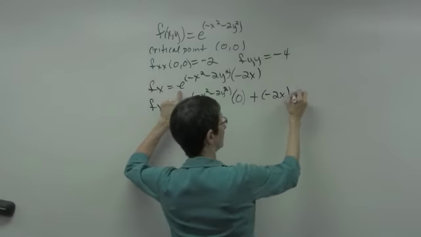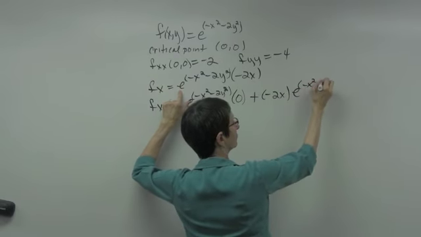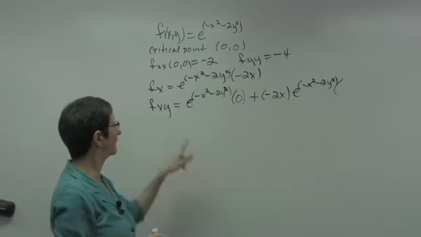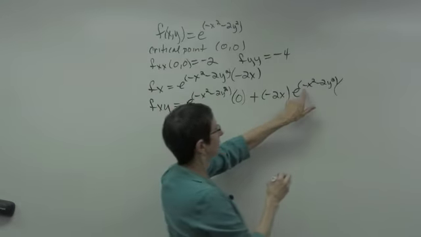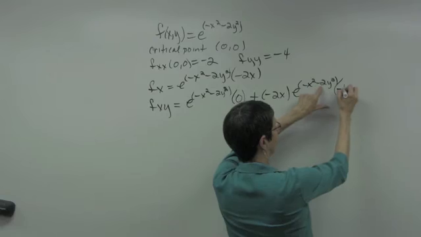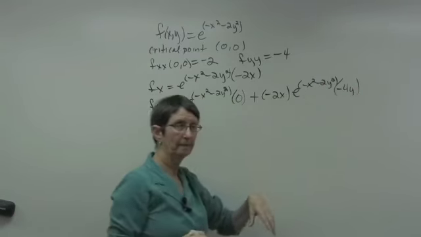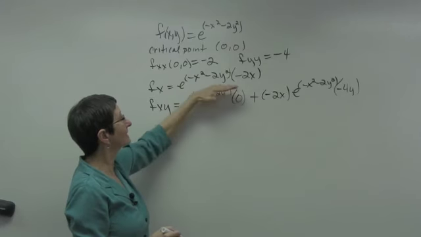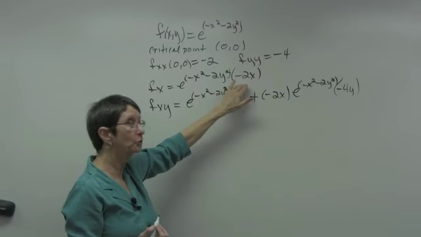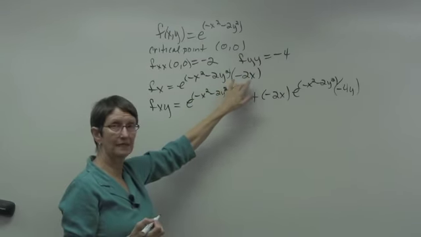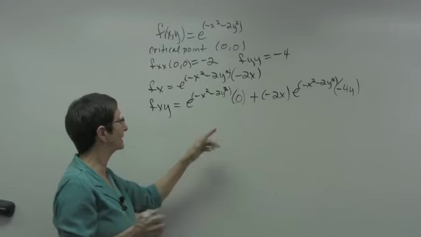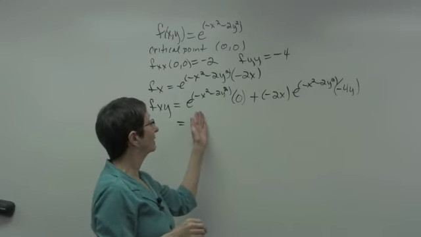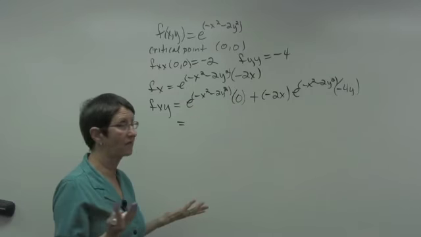Derivative of the first, e to the negative x squared minus 2y squared times derivative of the exponent with respect to y, 0 minus 4y. This whole piece goes to 0. Now, that's because I didn't really need to use product rule because the negative 2x was the constant multiplier. But it doesn't matter because this piece goes away anyway. So you don't have to worry too much. We're on a swing. We did product rule, so it's fine.